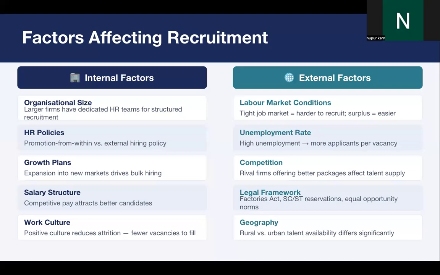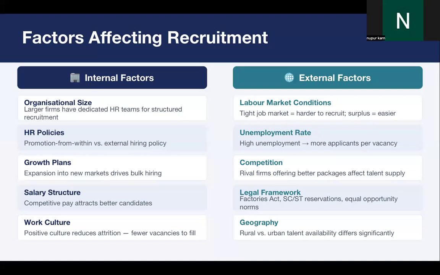So it impacts the recruitment process. Surplus means easier: when the company is getting good profit and is in good condition, you are going to hire a lot of candidates, so it's easier to find candidates. So this labor market condition also impacts the recruitment process.